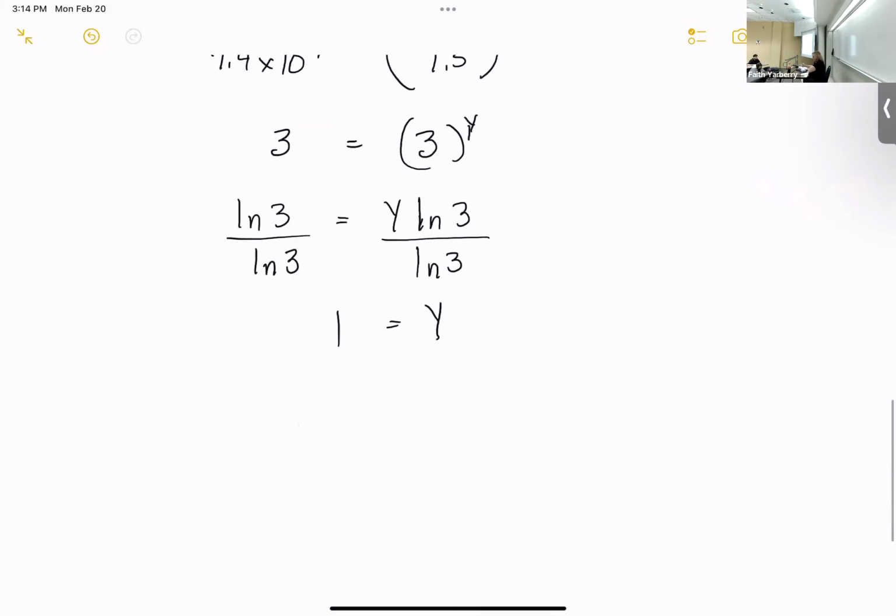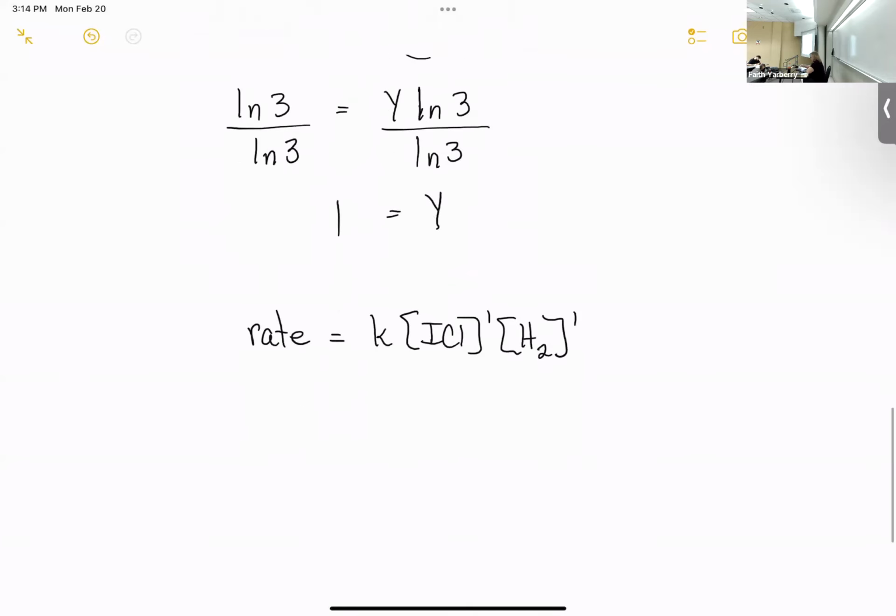So when we write our rate law, the rate law for this reaction is that the rate is equal to the rate constant times ICL to the 1 and H2 to the 1, because we determined it was first order with respect to each.